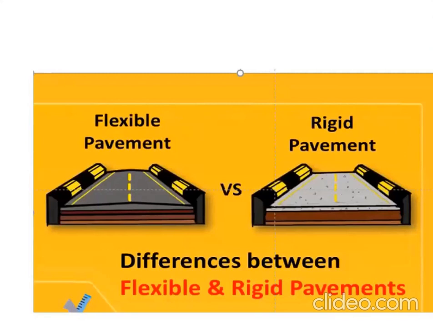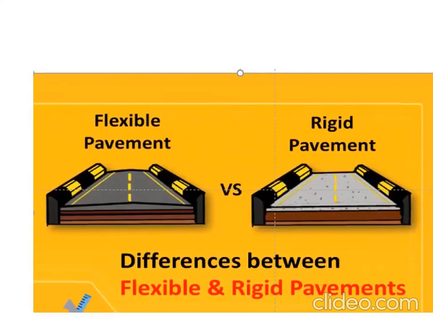So there can be 3 types of pavement: the flexible pavement, rigid pavement, and composite pavement. Composite is that you already had a concrete slab, and then you have to improve some, say, riding quality on that. So you can have an asphalt pavement placed on a rigid pavement.